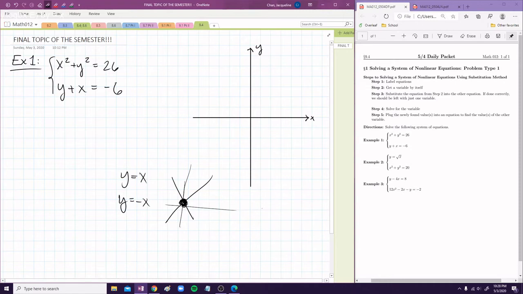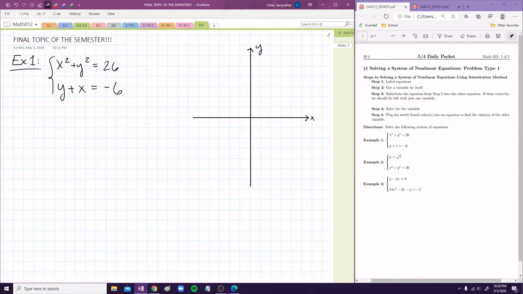And remember, there were infinitely many solutions when they were the same line, or no solutions because they were parallel lines. So that was just a little mini review. Same thing with nonlinear equations.